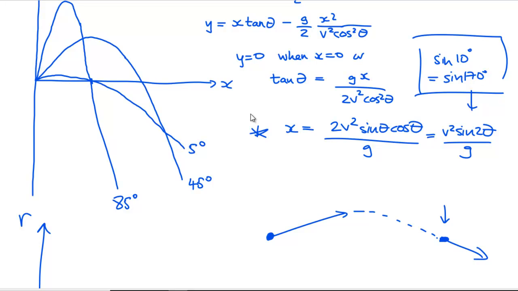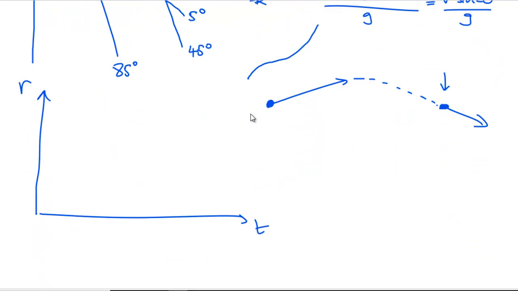But then we're picking up a lot more kinetic energy because we're getting that conversion from the potential energy. So it's going to start quickly, slow down, and then speed up again. So we're going to get a shape like that, getting quicker and quicker. So let's say that's the 5 degree one.